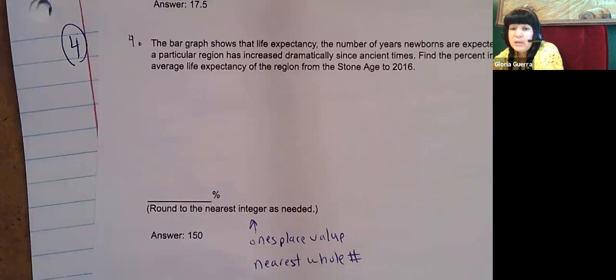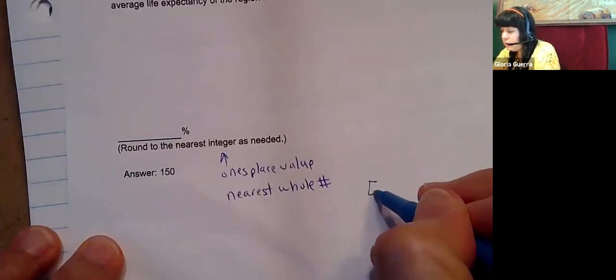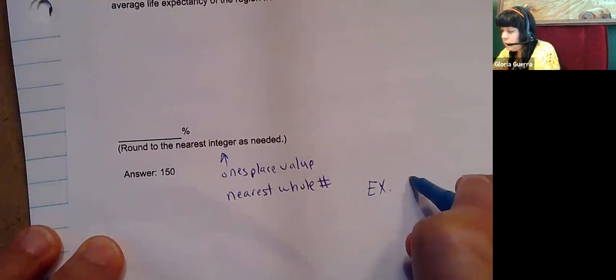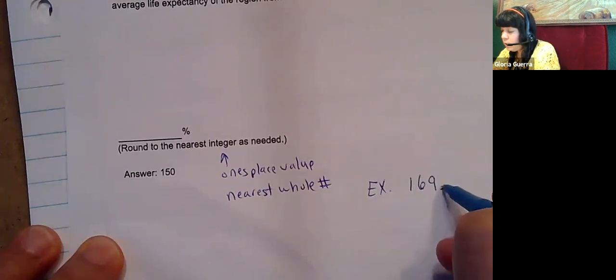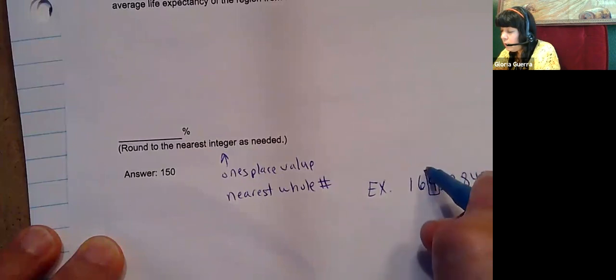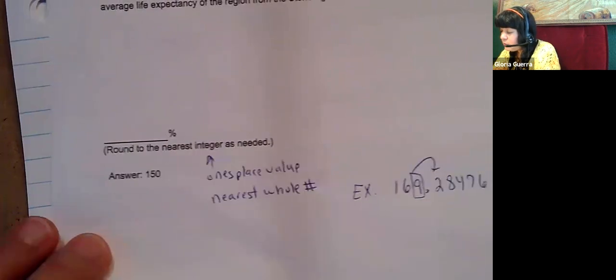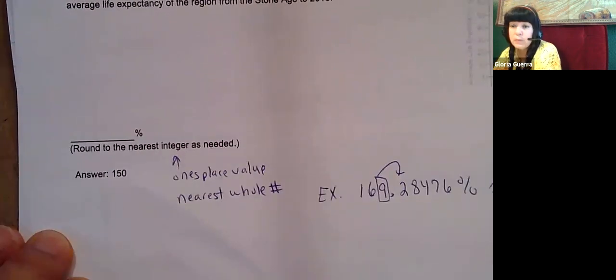Okay, so let's just say you had, I'm just making this up, 169.28476, something like that. This is the ones place, the whole number, and then you look at the right. Is that 5 or more? No. So that would just become 169%.